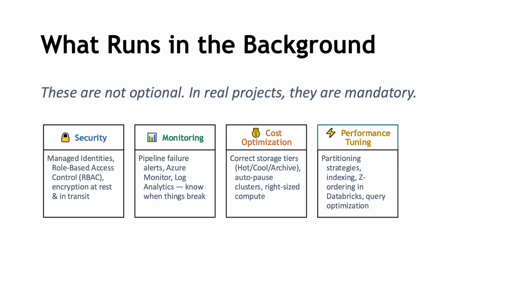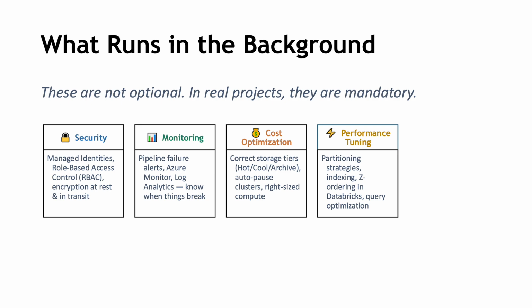Now there are also important things happening in the background. Security using managed identities and RBAC, then monitoring, checking our pipeline failures, then cost optimization, choosing correct storage tiers, then performance tuning, partitioning, and indexing.